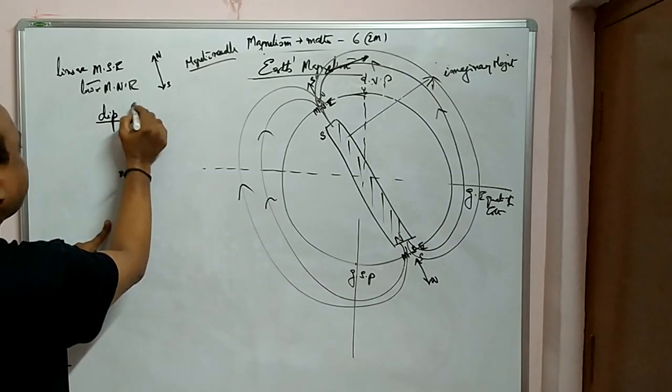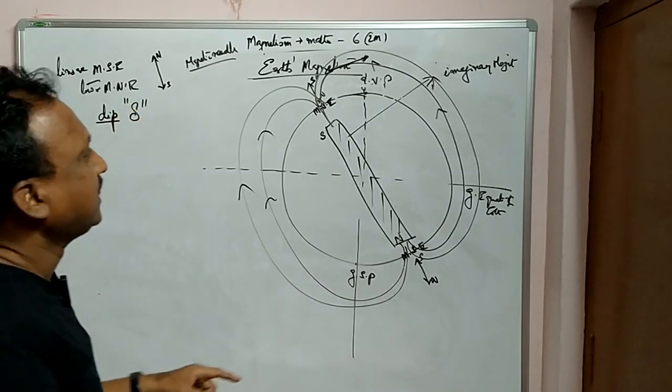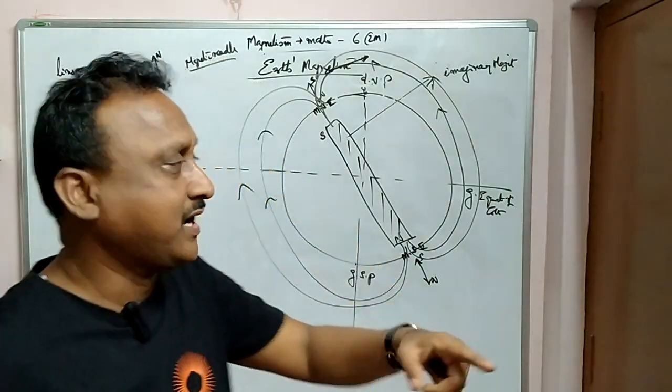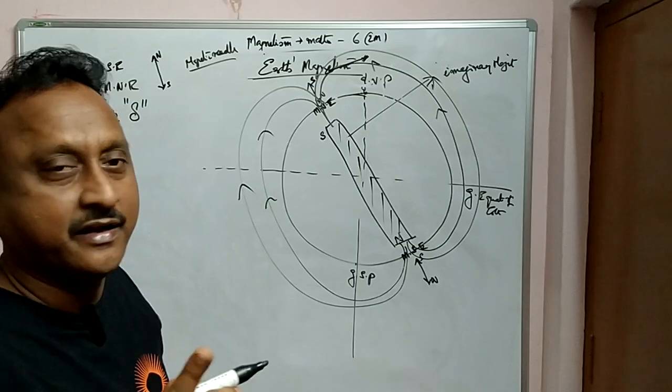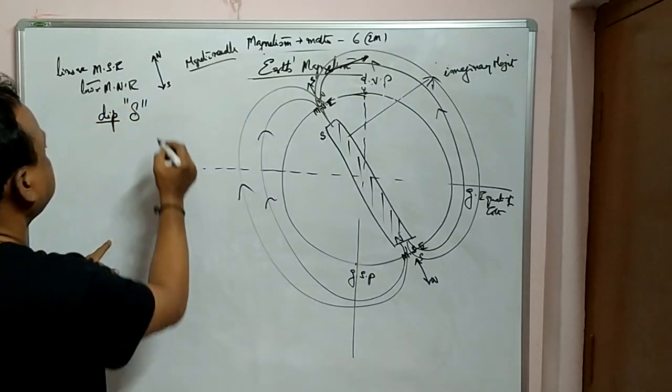Okay, it is indicated with the letter delta. If the magnetic compass is making some angle with the Earth's horizontal field, then it is called dip.